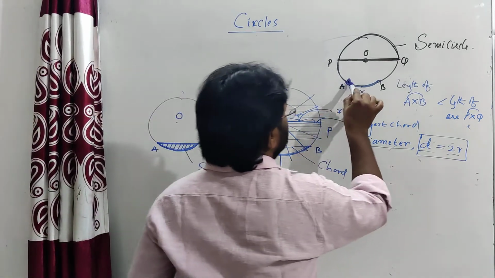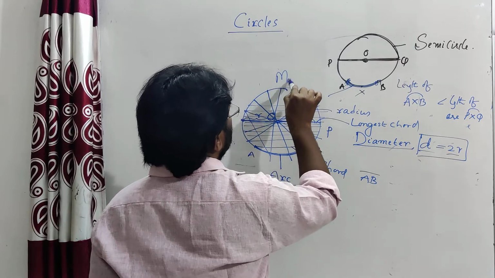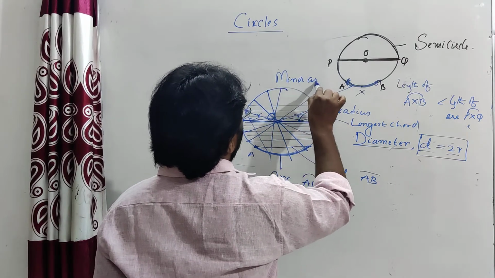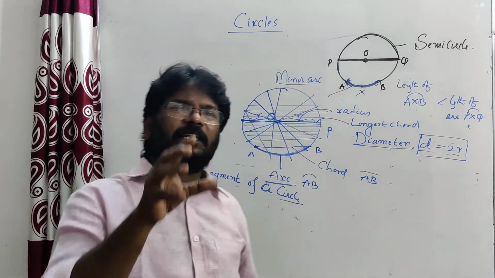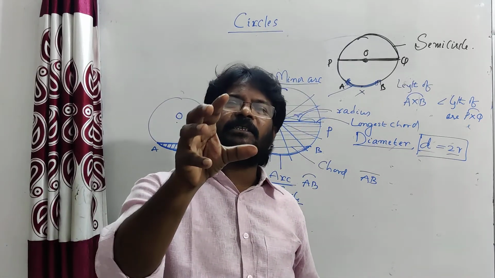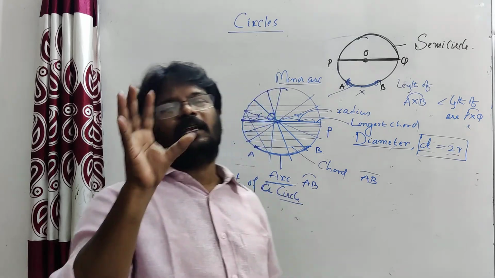So this arc AB is known as minor arc. What is that? Minor arc. Minor arc means the length of the arc of a circle is less than a semicircle, the length of half of the circle.